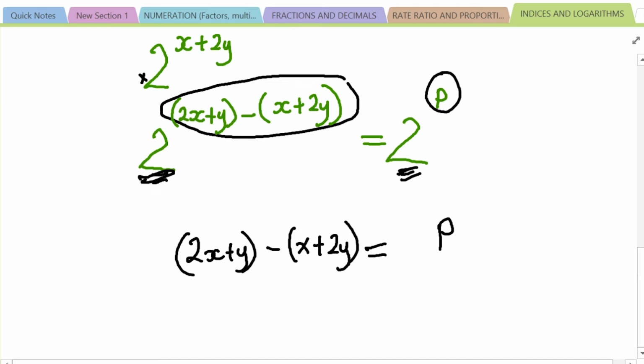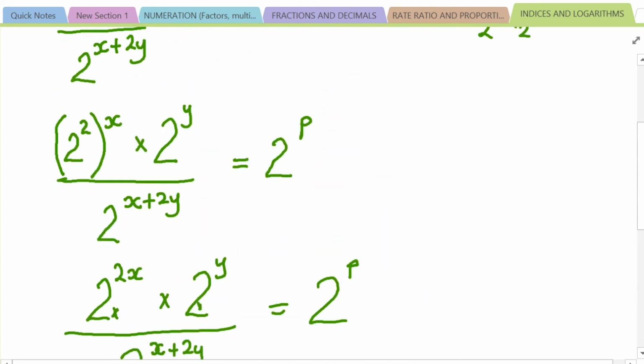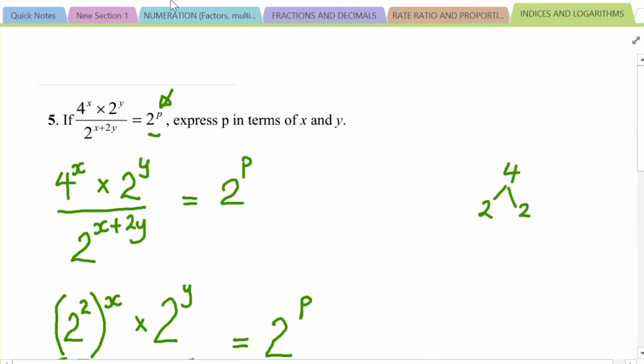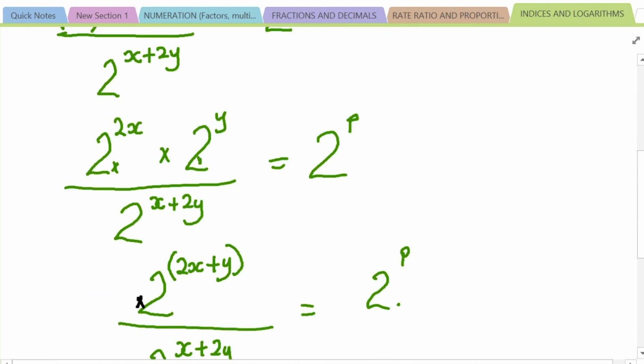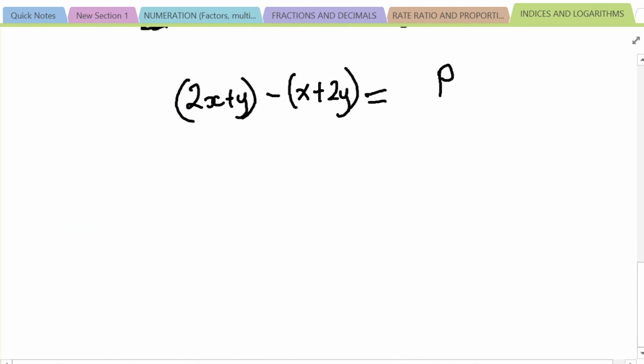Then, remember our question says express P in terms of x and y. What is remaining is simply to collect like terms and simplify the expression. Otherwise, we've already expressed P in terms of x and y. We're just going to continue simplifying it further into a simpler version.